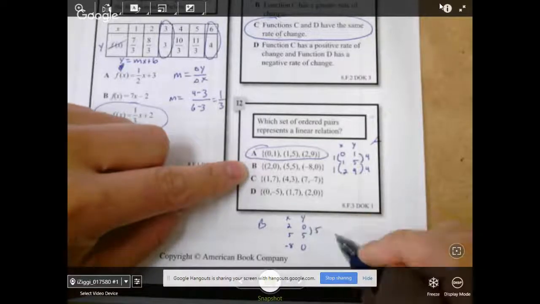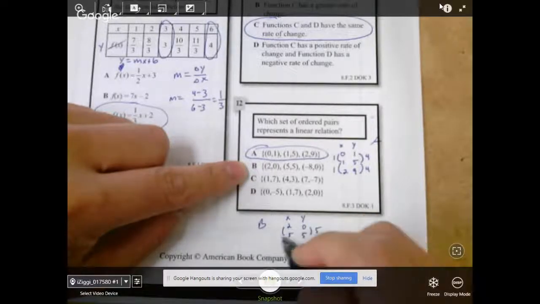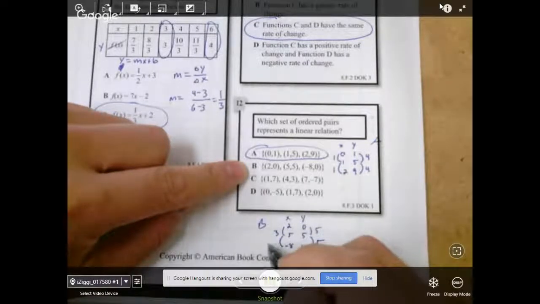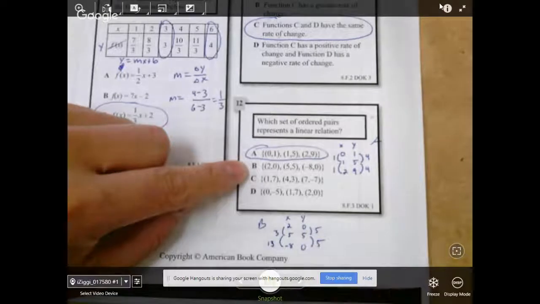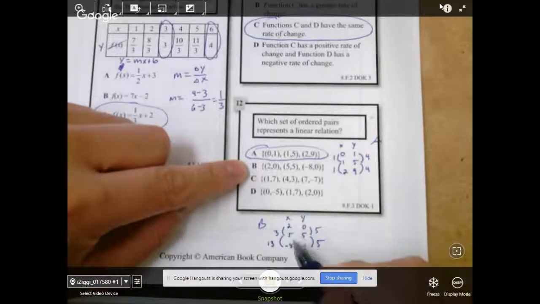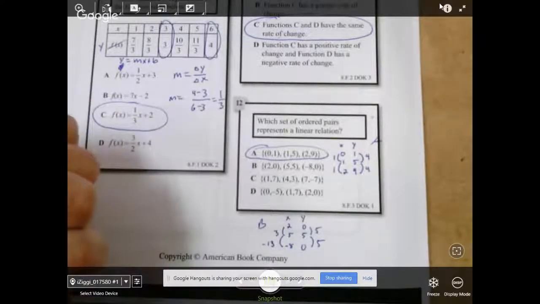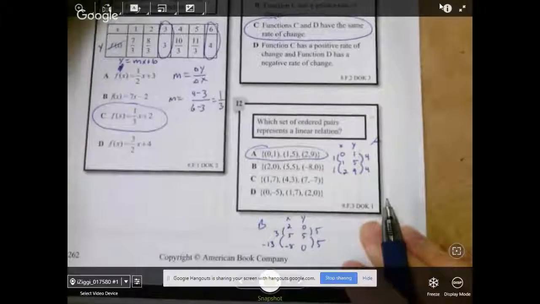And then here you have 5 to negative 8, and that distance is 13. Actually you had to go down, so that would be negative 13. So 5 over 3, 5 over 13, their slopes aren't the same all the way through. That's why option A is the answer, the slope is the same all the way through.